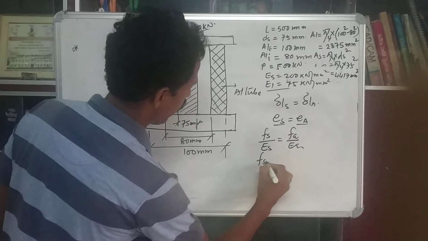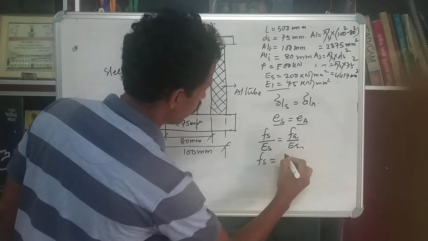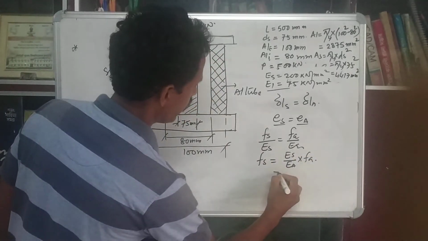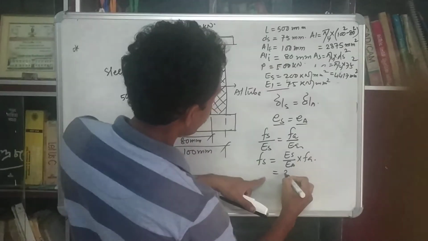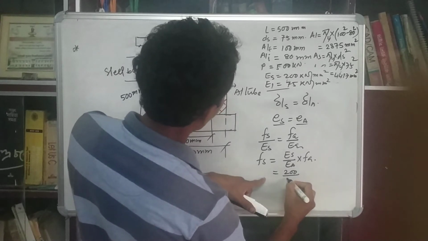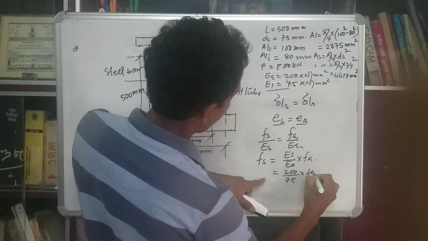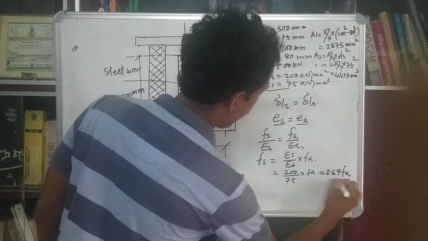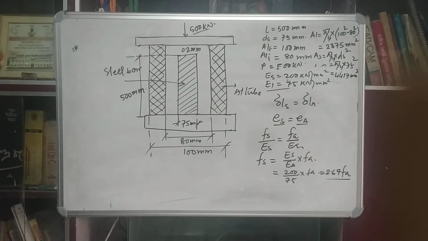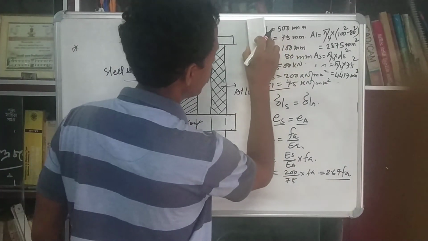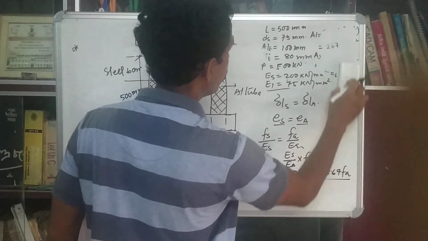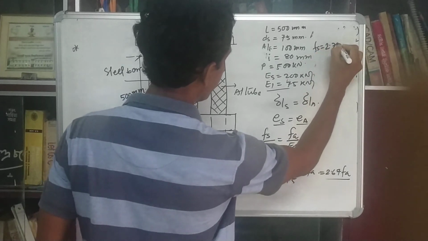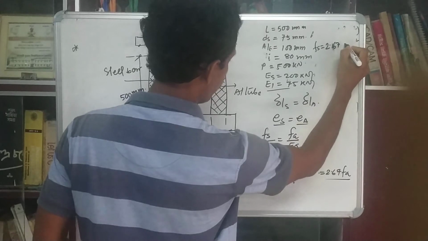So Fs is equal to ES by EA into Fa. Now ES is equal to 200 and EA is equal to 75, so that is equal to 2.67 Fa. So Fs is equal to 2.67 into Fa.